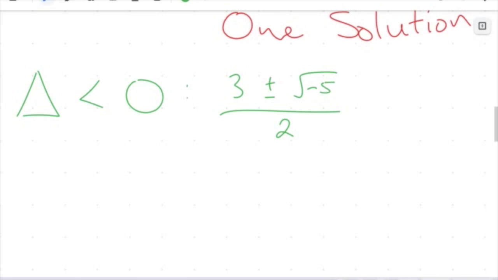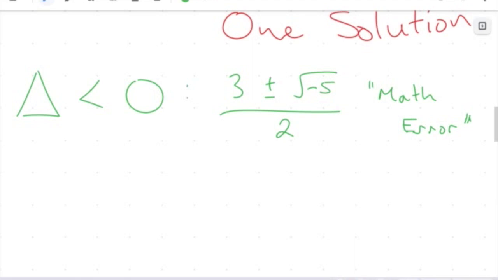I want you guys to grab your calculator and put this in. More specifically, put the square root of -5 into your calculator. And you will see something come up which says math error. Some of you may be looking at this even now and thinking, well, how do I compute that?